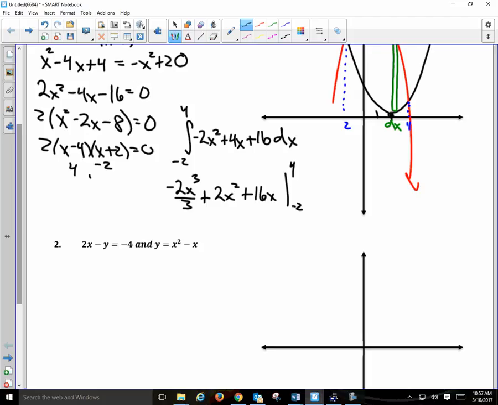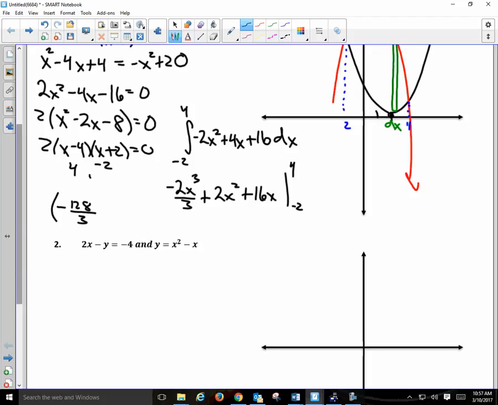What is 4 cubed? 64 times negative 2 is negative 128. So I get negative 128 divided by 3. Again, you want to try to do this without a calculator because there will be a portion of your test where you will not be able to use a calculator, even for computational purposes. And the silent screams are heard.